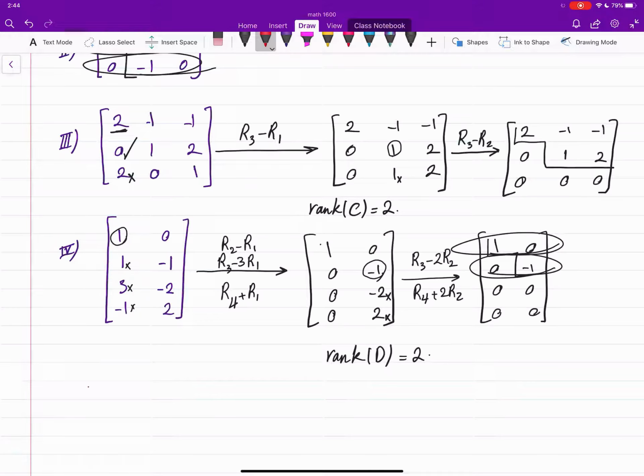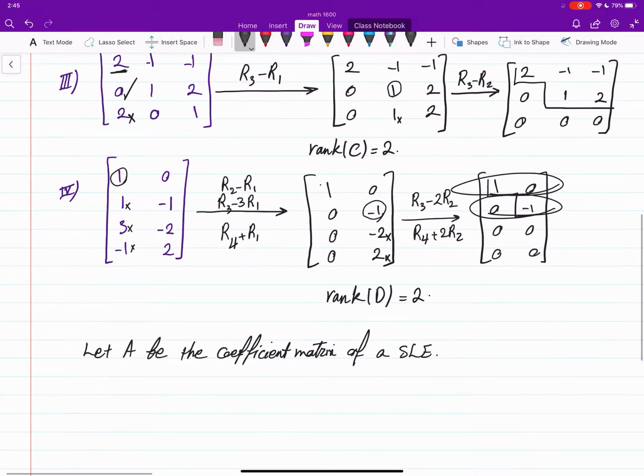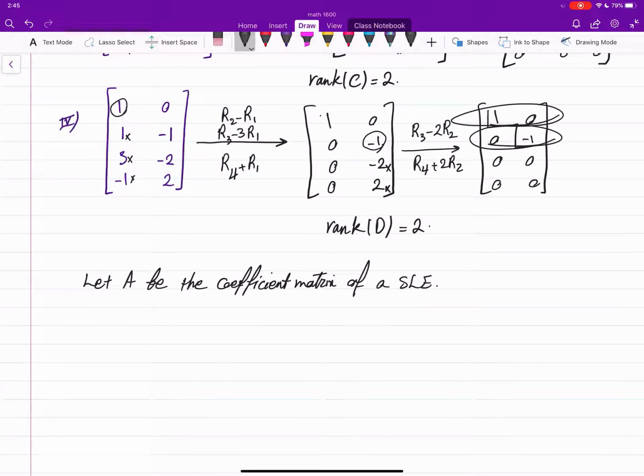Okay, very nice. So having all these things, now let's move toward the case where A is the coefficient matrix of a linear system. So what is important about the coefficient matrix? First thing is that the number of columns of A is equal to the number of variables.